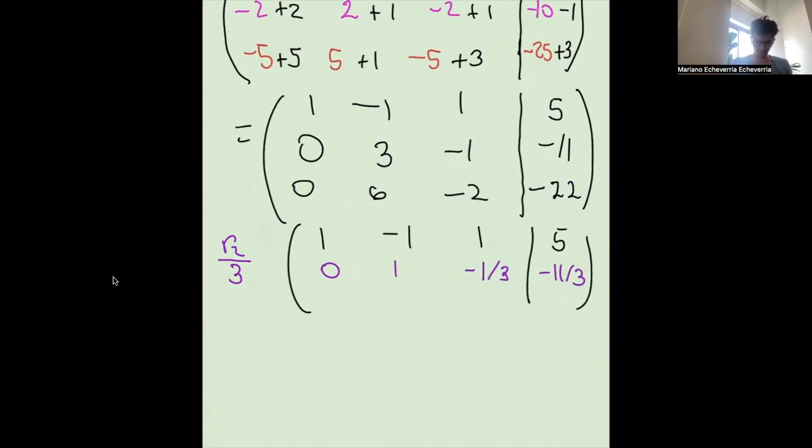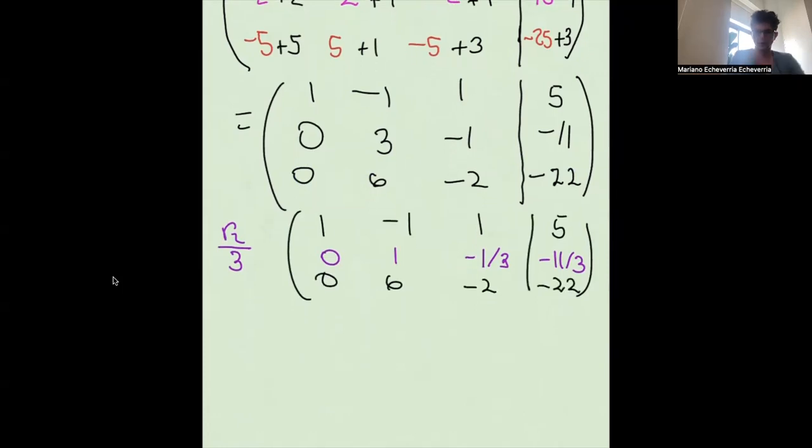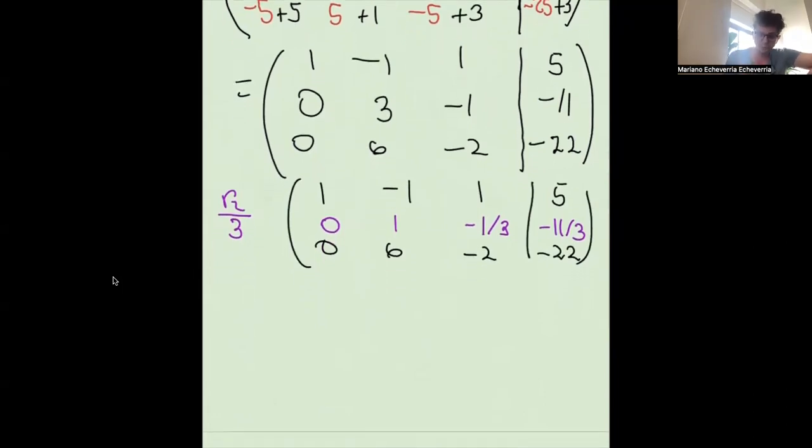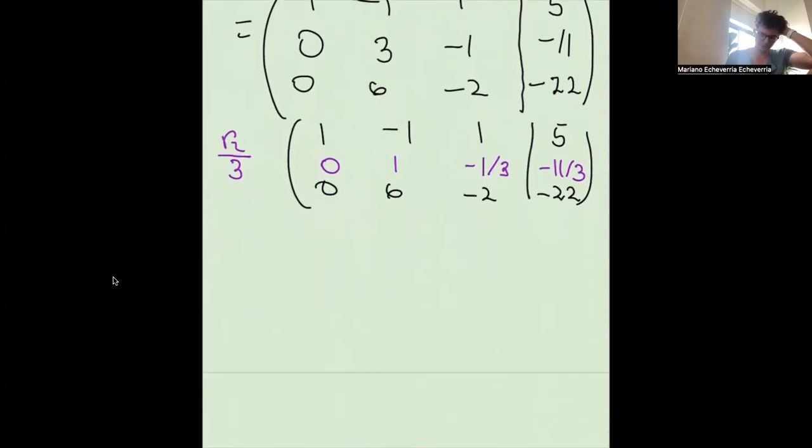And then, is that making sense? And then I can use this one. Now I can use this one to put a 0 here and to put a 0 here. Okay, so let's try to do that. How can I put a 0 in the first one?